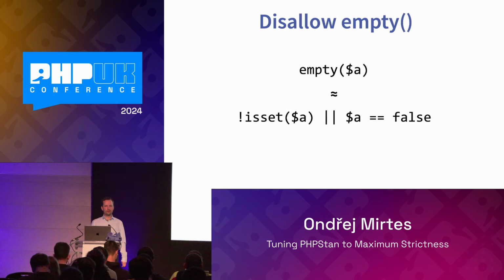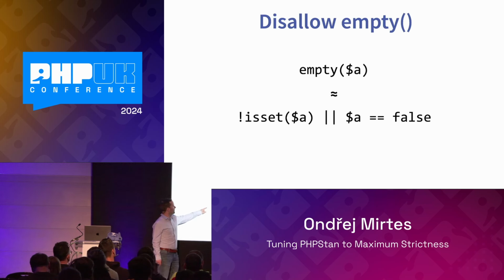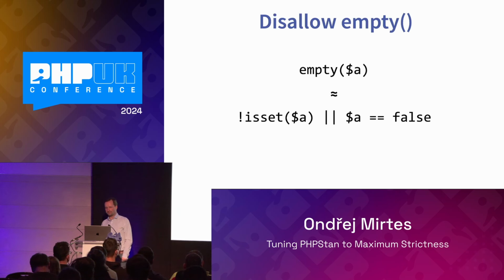As I said, PHPStan strict rules disallow you to use empty, because empty is in fact this expression. If you ask, is $a empty? What you are asking is, it might not be set, or it might be false. So empty is going to be silent, for example, about undefined variables. So you can probably make a typo and ask about something that never exists.